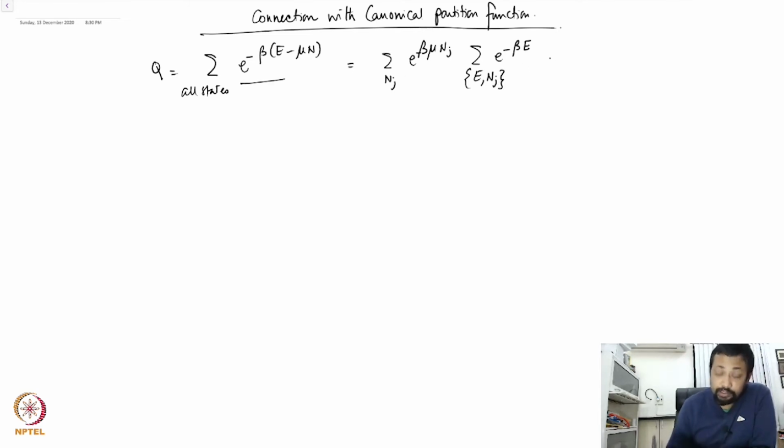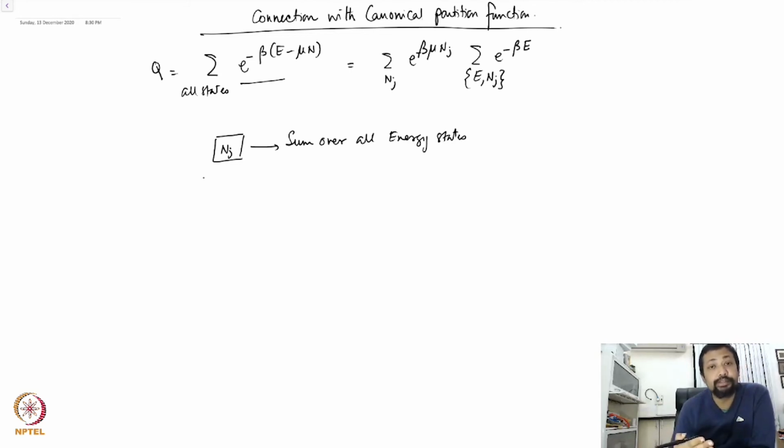What does this mean? That means I take a system with a fixed number of particles nj, and then I sum over all energy states, and once I have taken this, the second step is to sum over all possible system sizes, which means you sum over the particle numbers, right?